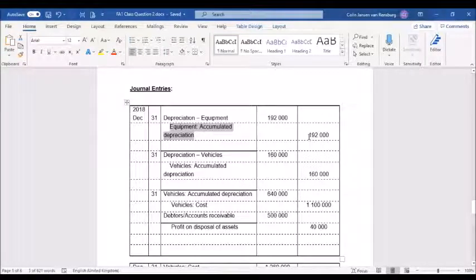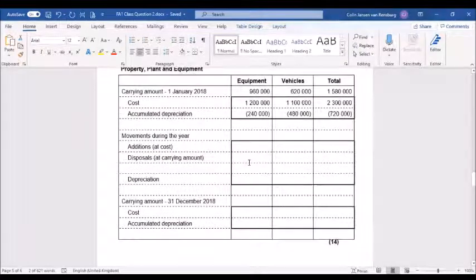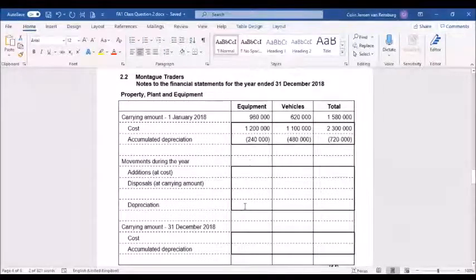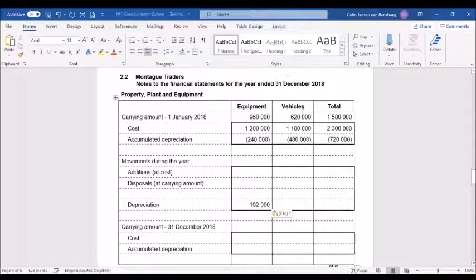So now we've got to go and put that in the appropriate spot in our PPE note. Now I must remember to go upwards. Right, so there we've got depreciation on equipment. So now we can go and include the depreciation on the equipment.